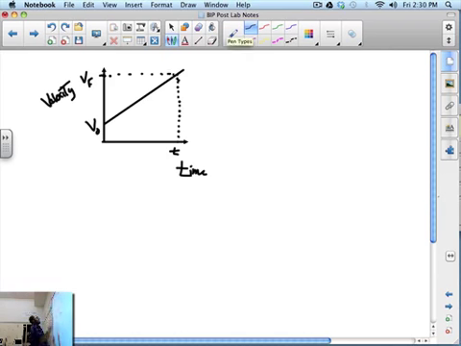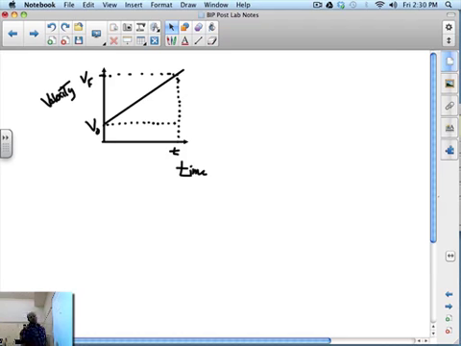Okay? And if you notice, our triangle is now a triangle plus a rectangle. So how would you find the displacement then?